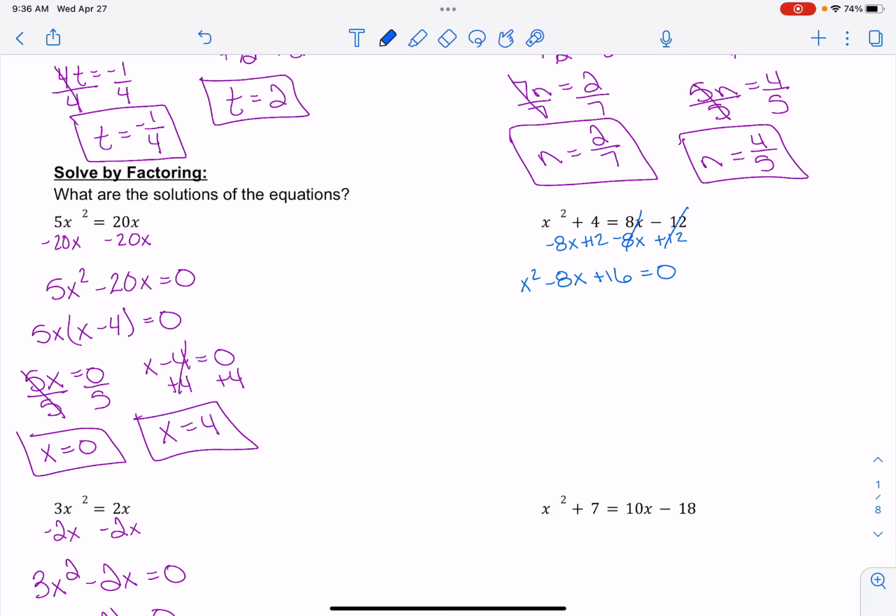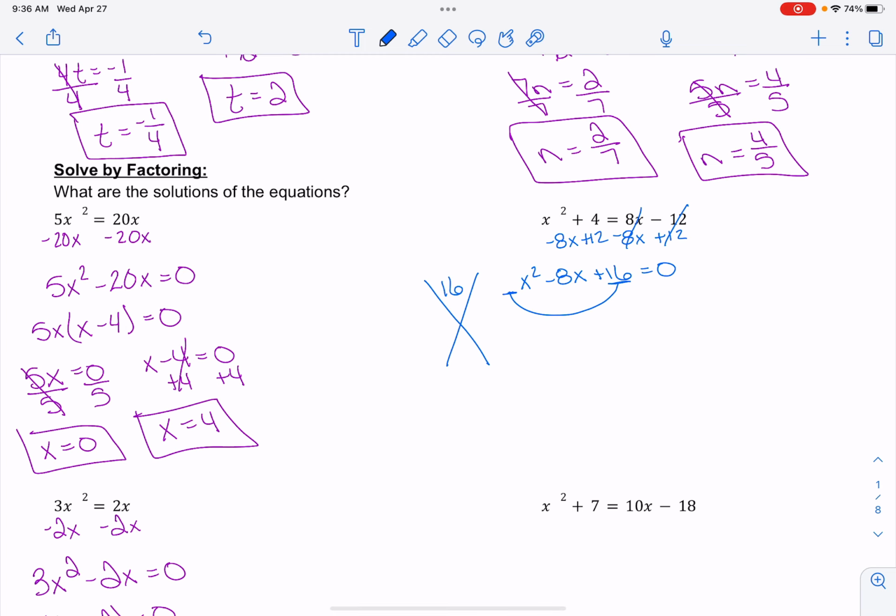And now, hopefully, this looks very familiar from, I believe it was 2 chapters ago when we did all of our factoring. So we're going to have to make our x. Remember, the number that goes up top is this first term times this last term. 1 times 16 is just 16.